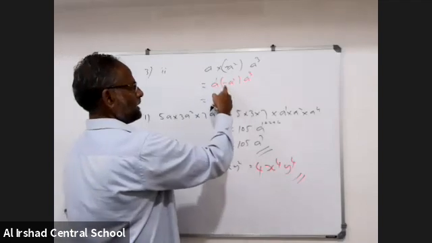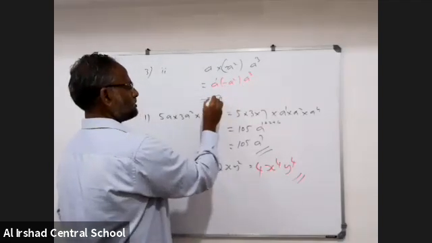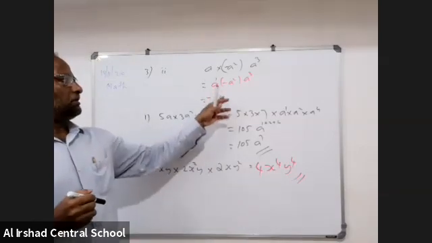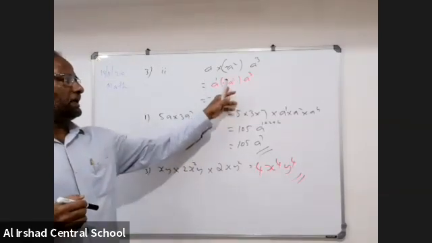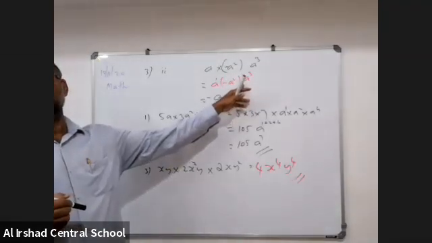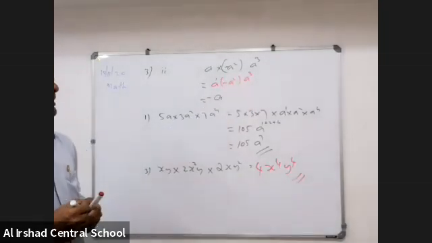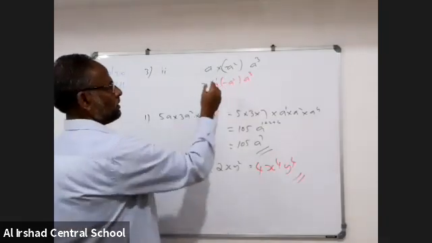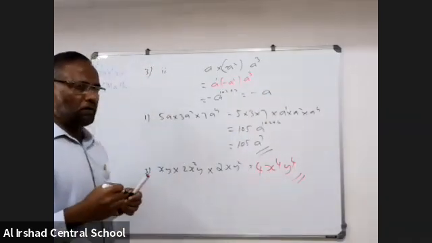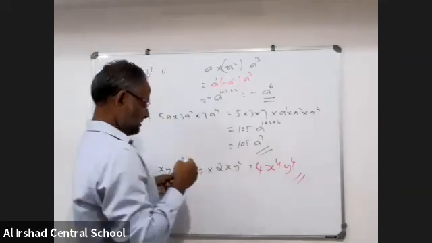Plus into minus into plus, that means minus. Plus into minus, 3 times will be minus. Plus into minus, minus, minus into plus, minus. Now minus a to the power of 1 plus 2 plus 3, 6. Minus a to the power of 6. That is it.